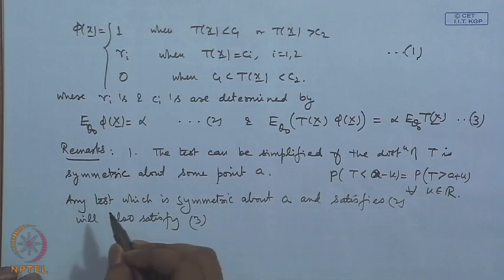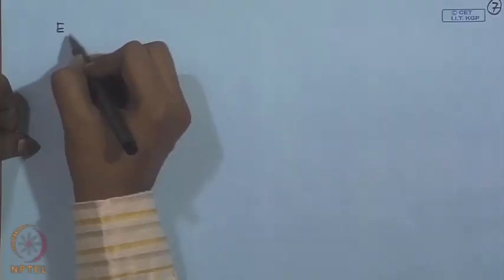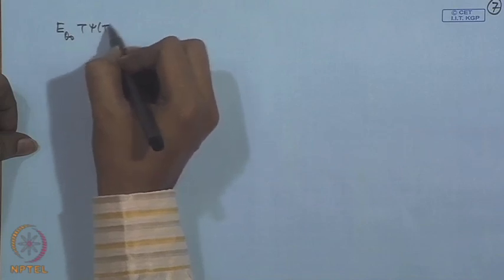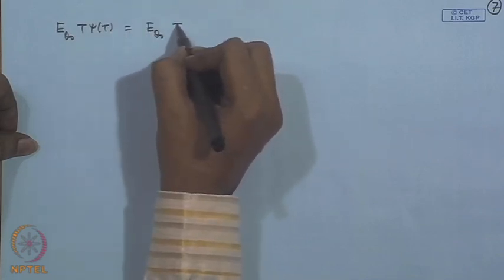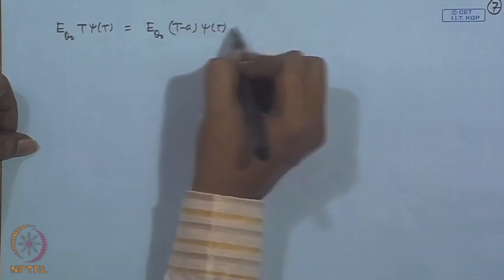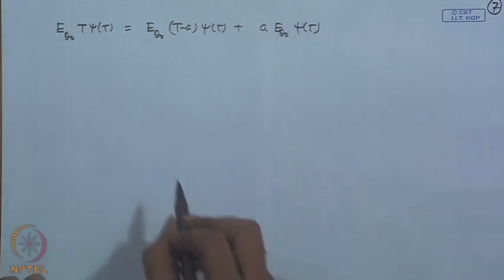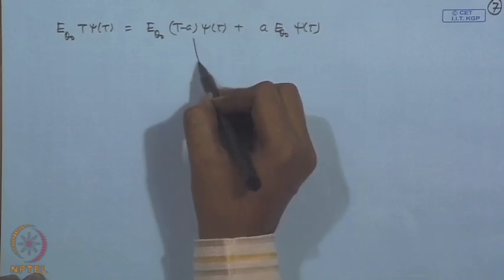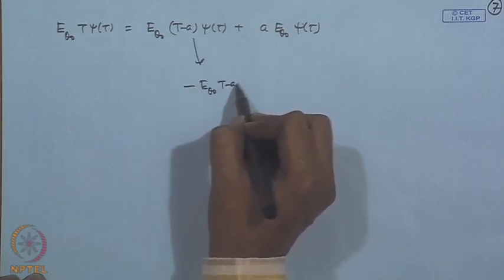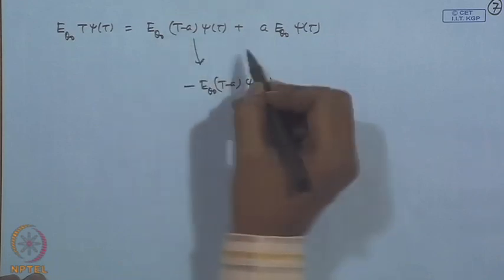So, let me just give it here. For example, you may consider here, we can actually show that this value is equal to minus expectation theta naught T minus A psi T. That means this is actually equal to 0.